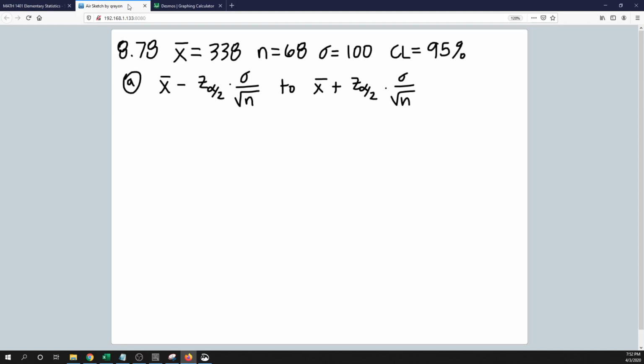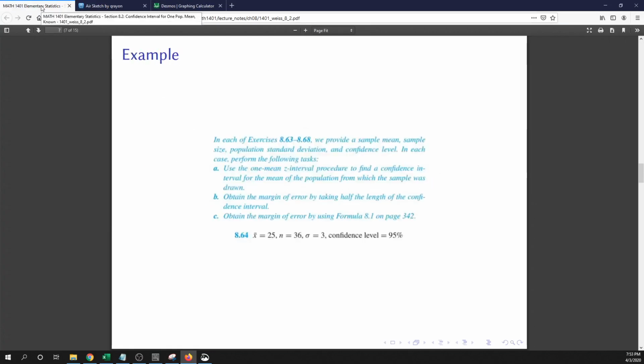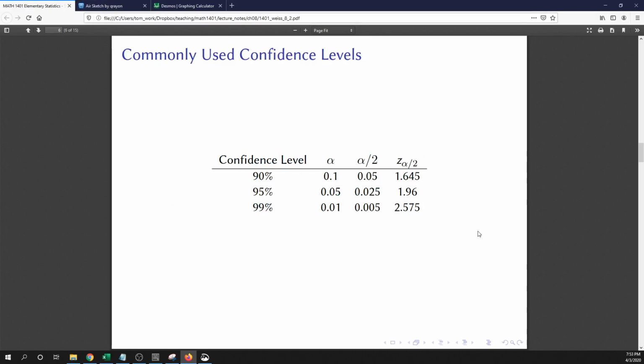So x bar is 338. Z of alpha over 2: our confidence level is 95%. So going back to our chart over here, we see that that corresponds to a z of alpha over 2 of 1.96.